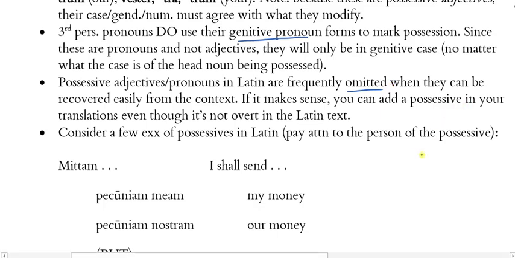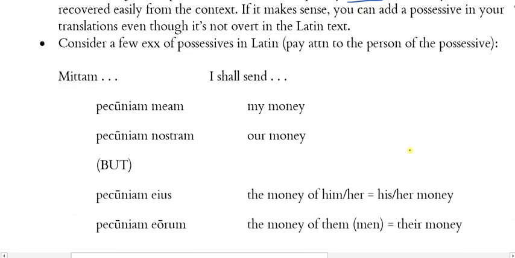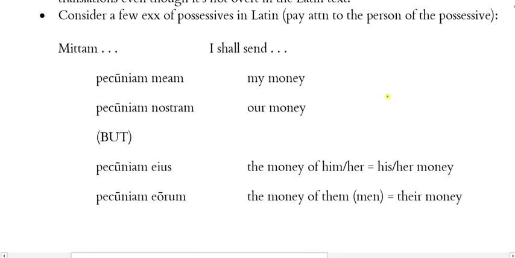So mittam is the future first person singular of to send. So I shall send. And look at my forms here. Pecuniam meam. Pecuniam is accusative feminine singular because pecunia is a feminine singular noun, and it is the direct object of I shall send, mittam. So it's accusative because it's the direct object.